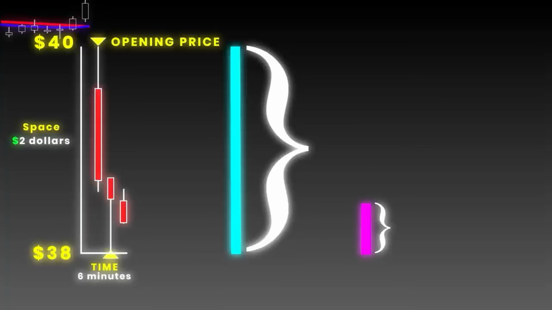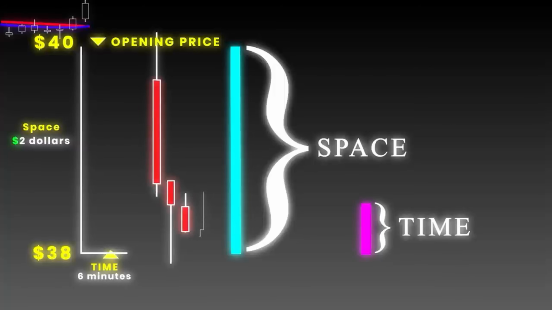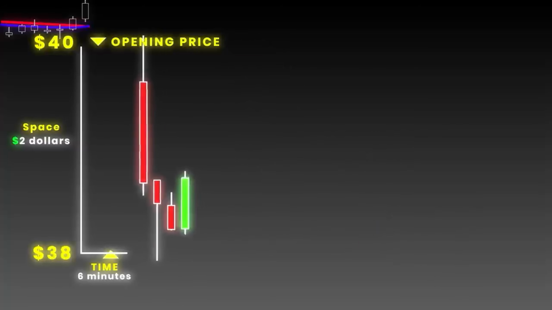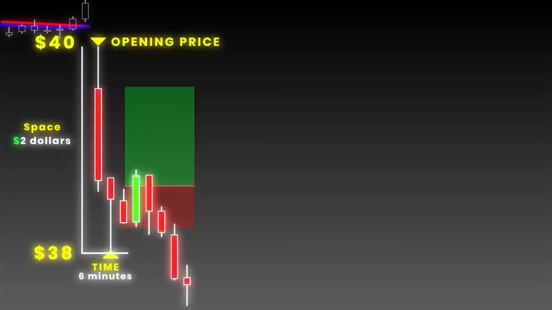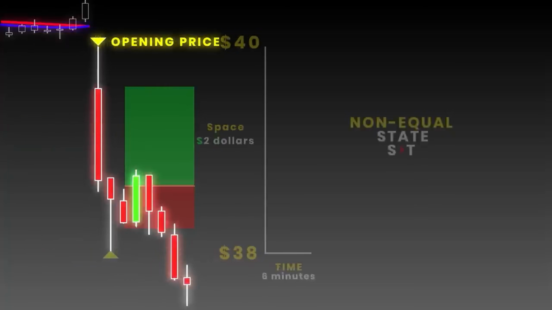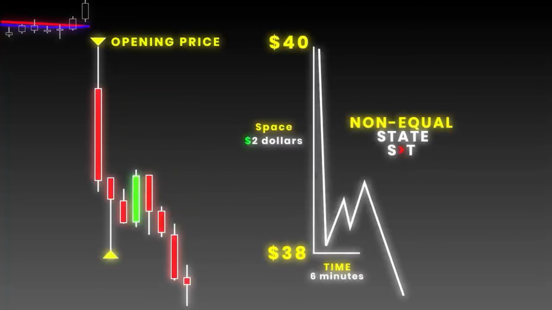So my space is longer than my time, which means that if my stock attempts to bounce from here, it will likely be a failed bounce because it's bouncing from a non-equal state regarding space and time.